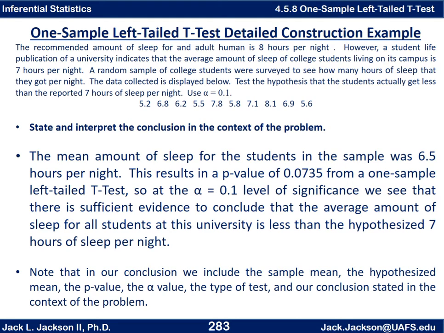So at the alpha equals 0.1 level of significance, we see that there is sufficient evidence to conclude that the average amount of sleep for all students at this university is less than the hypothesized 7 hours of sleep per night. So note that in our conclusion, we included the sample mean, the hypothesized mean, the p-value, the alpha value, the type of test, and our conclusion stated in the context of the problem.